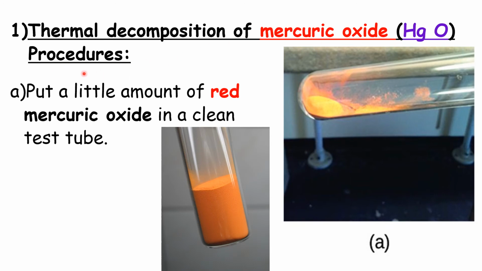Procedure. يعني ايه procedure؟ الحاجات الخطوات اللي هنتبعها علشان نعمل حاجة اسمها thermal decomposition of mercuric oxide. Number A, put a little amount of red mercuric oxide in a clean test tube. Put a little amount هنضع كمية قليلة من الميركوريك أوكسايد الأحمر في تست تيوب وتكون طبعا نظيفة.